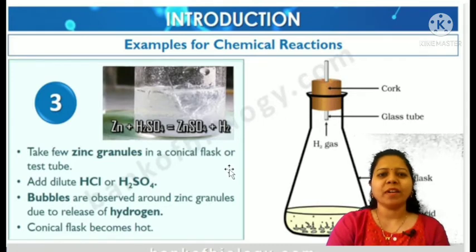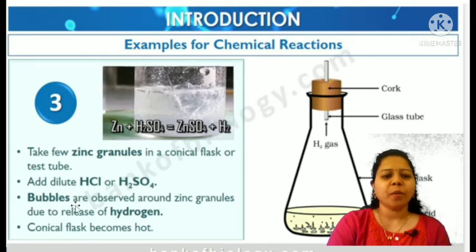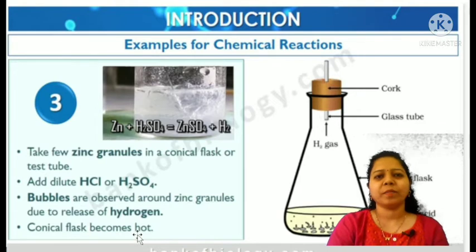The next example of a chemical reaction: take a few zinc granules in a conical flask or test tube and add dilute HCl or H2SO4. Bubbles are observed around the zinc granules due to release of hydrogen, and the conical flask becomes hot.